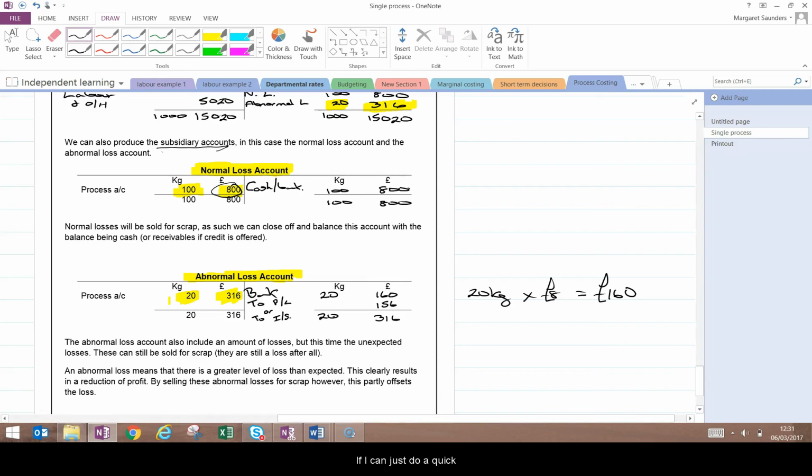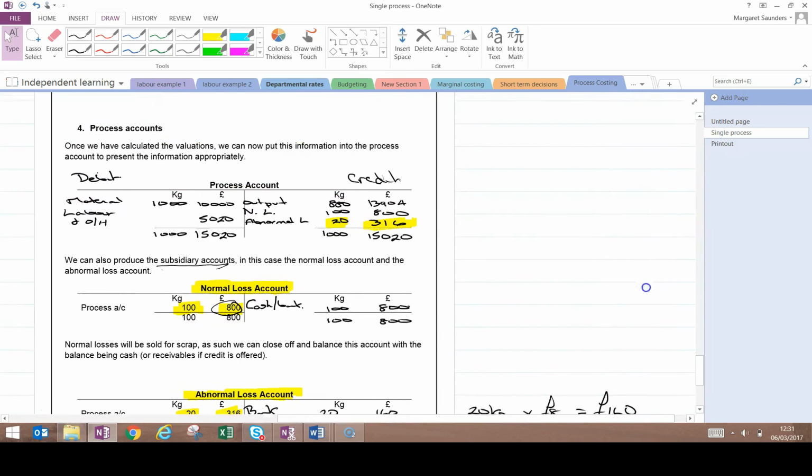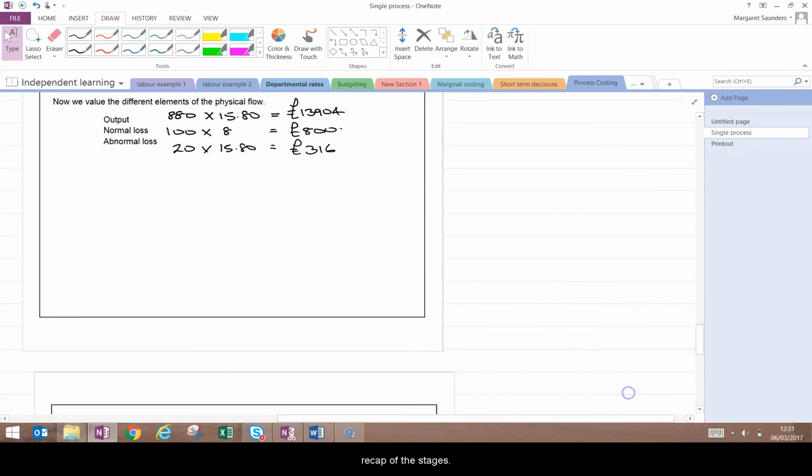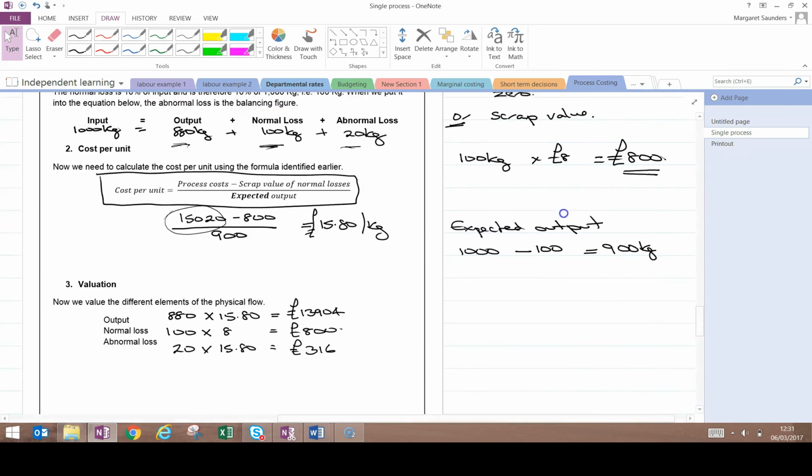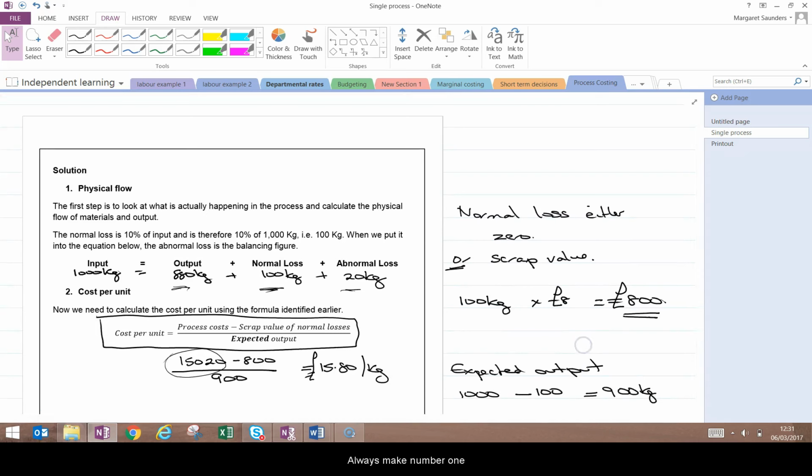So if I can just do a quick recap of the stages. Always make number 1 your physical flow. Sort out what has happened with the quantities. Then use your formulae to get a cost per unit.